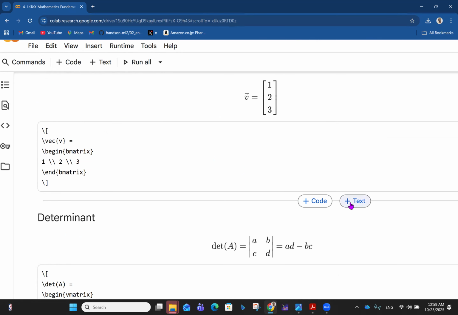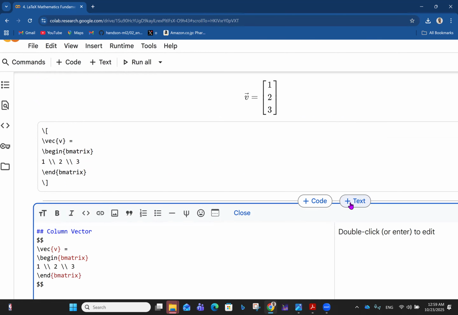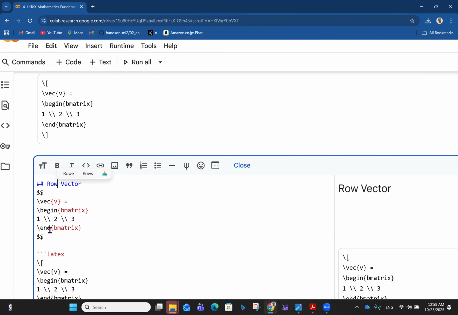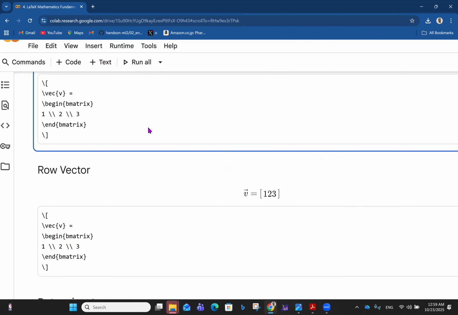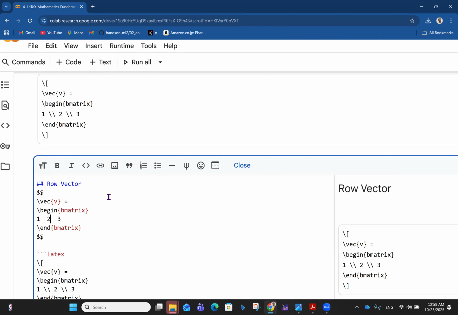So we can actually do row vector, which I didn't do before. I can just come here and say this is now row vector. All we need to do is change the direction. So for row vector, it's just straightforward. We just have 1, 2, 3 in a line, with space. Maybe I need to now do quad in between.